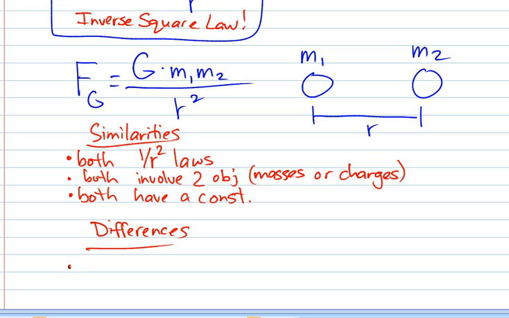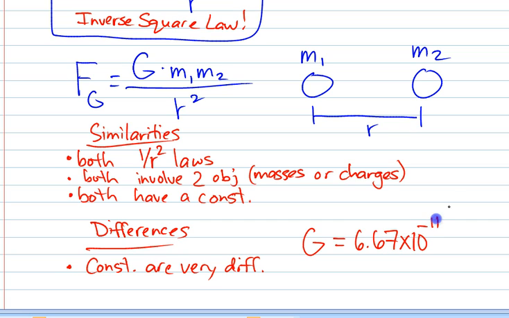The first difference is that the constants are very different. To illustrate this, remember that G is 6.67 times 10 to the negative 11th, and the units to make it work are newton meter squared over kilogram squared.